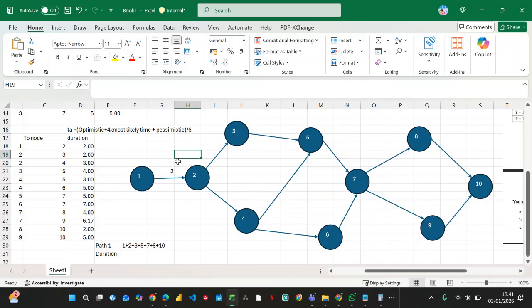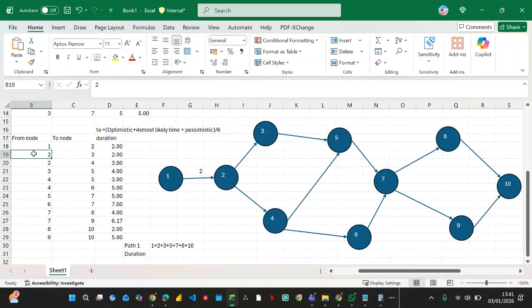So from two to three, what's there? It's three. From two to three, we need to put the time in there too.